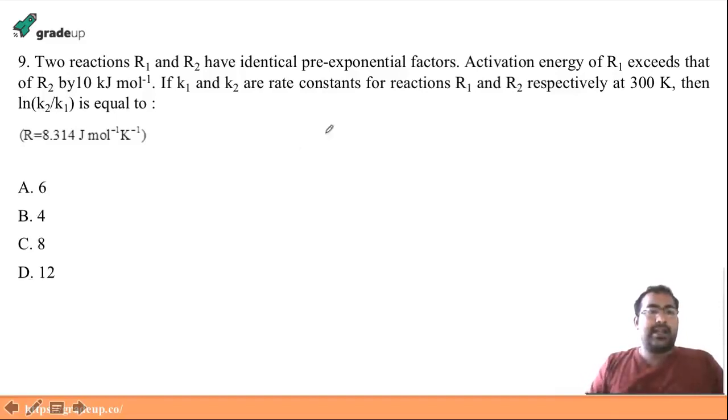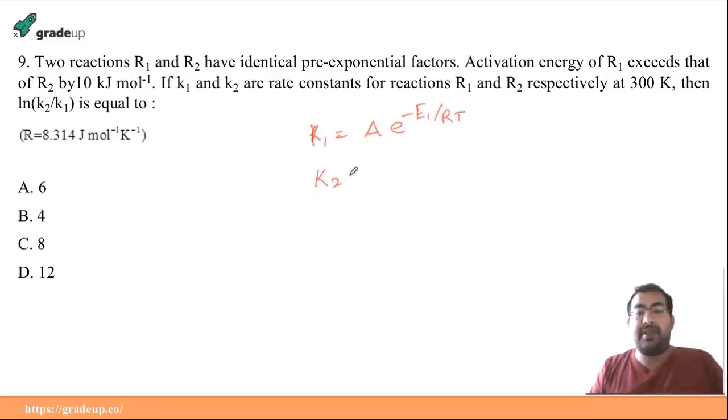So two reactions R1 and R2 have identical pre-exponential factors. So if I talk about K1 is equal to A e to the power minus E1 by RT, identical pre-exponential factor means this A will be the same, and K2 is A e to the power minus E2 by RT, right? The activation energy of R1 exceeds that of R2 by 10 kilojoule.